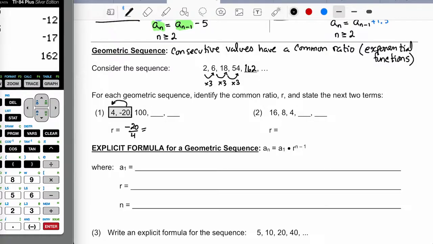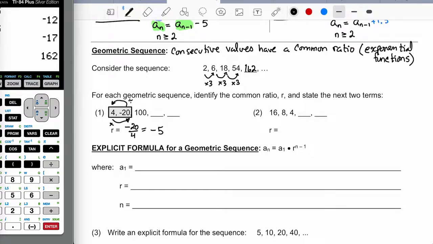So through division, we get multiplication. This gives me a negative 5 as a result. By dividing negative 20 by 4, it tells me that 4 needs to be multiplied by negative 5 to get to negative 20.